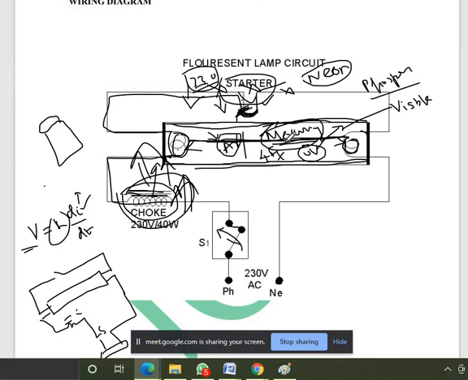But sir, mercury gas is always available. Yes, but argon is a gas and mercury is a material. Argon is default for all the lights, and we can change the other material. Argon is fixed. Argon or krypton, two gases are by default filled in the tube light.